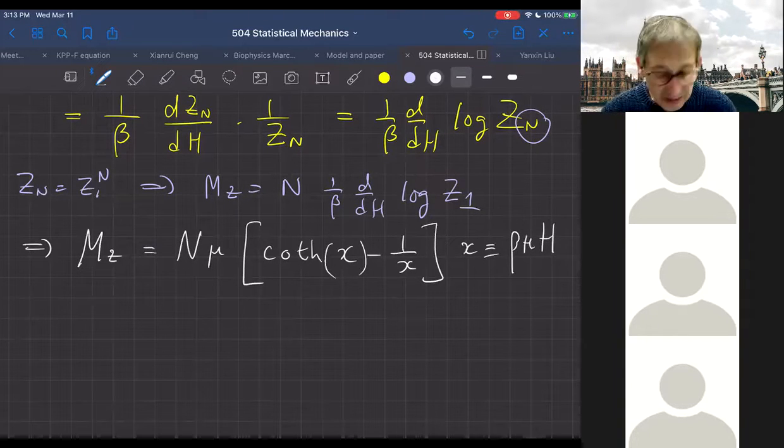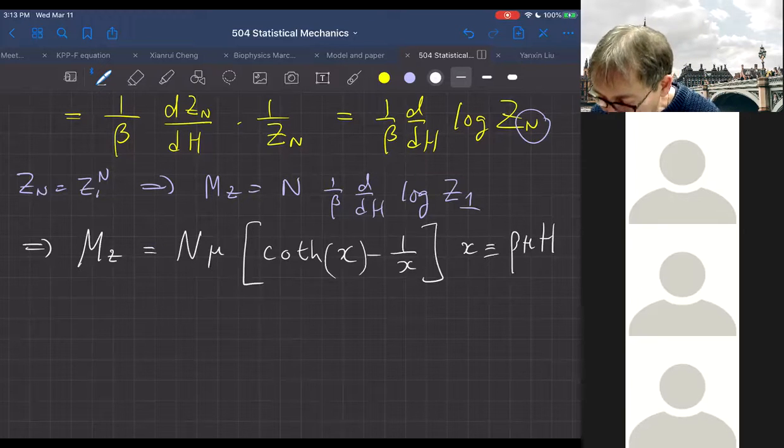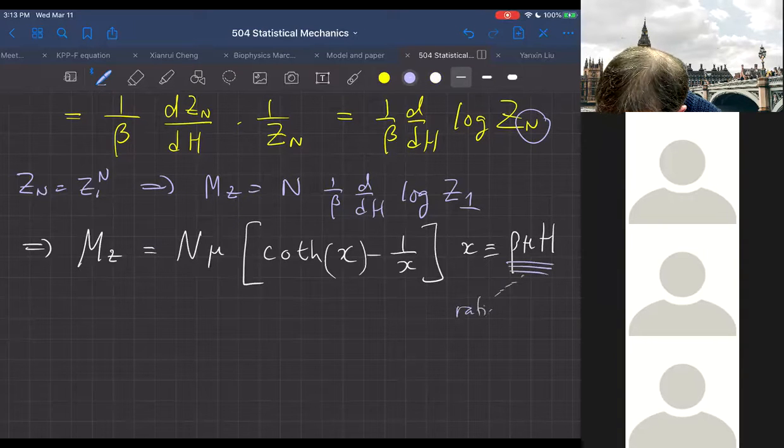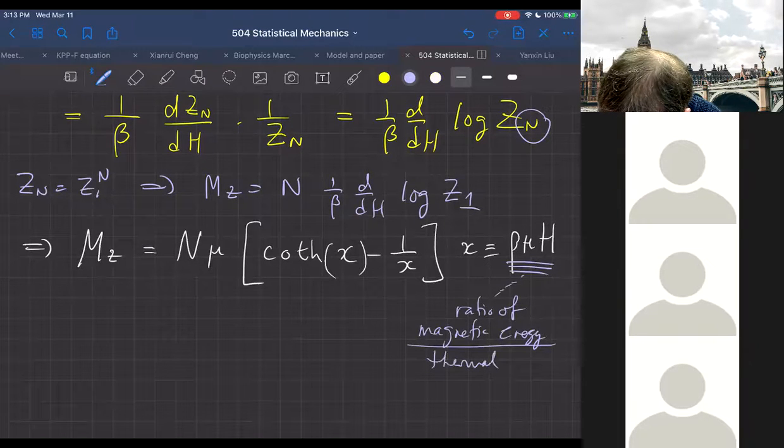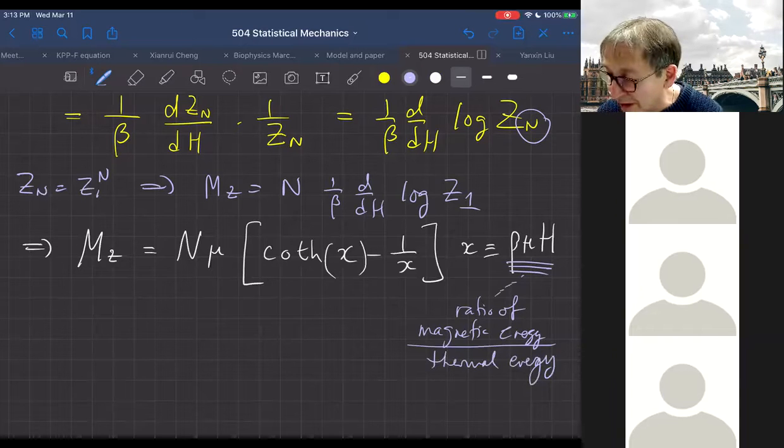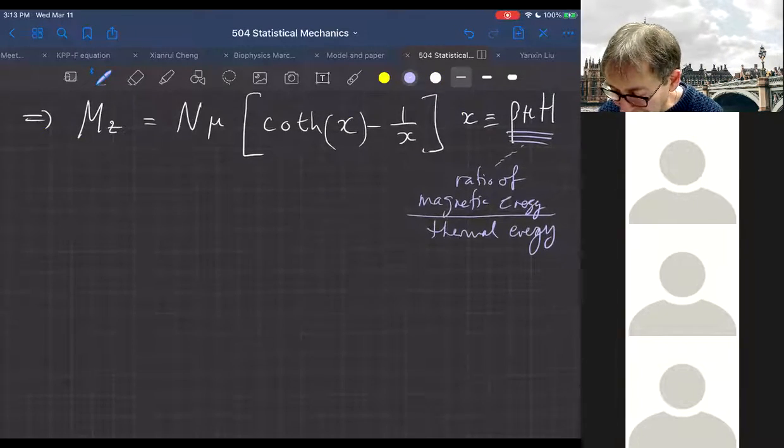So what x is, this is just the ratio of the magnetic energy divided by the thermal energy, and it's dimensionless.